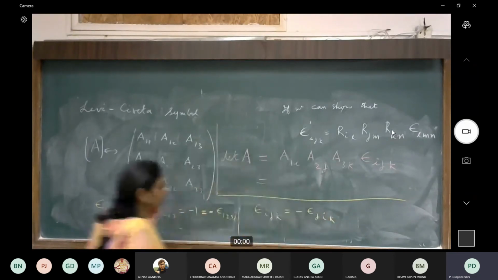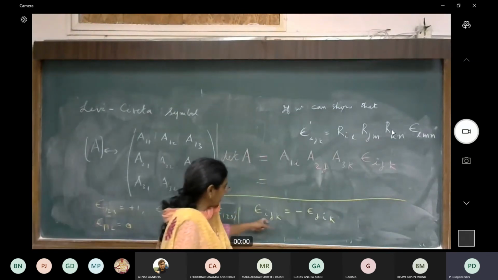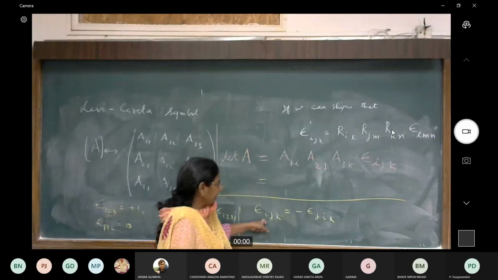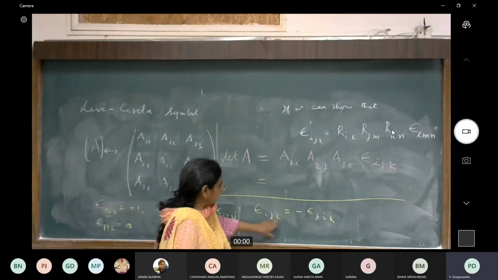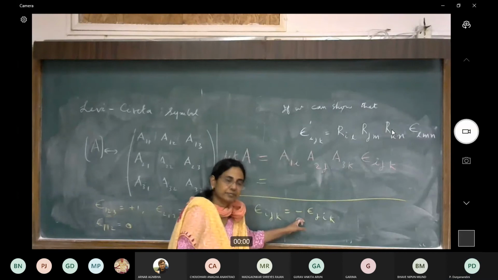That it satisfies this condition. That means if I exchange the first two indices, so if I take ij and replace this with ji, then I will get a minus.